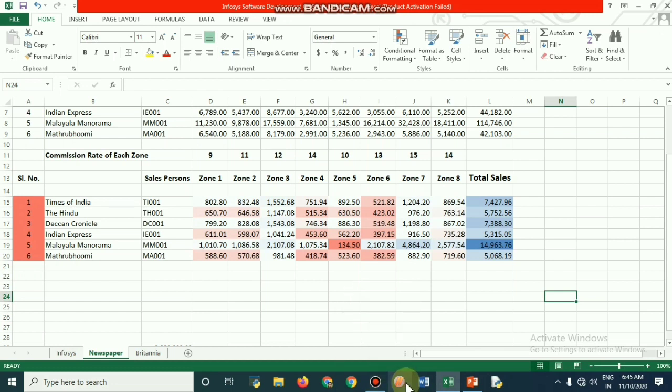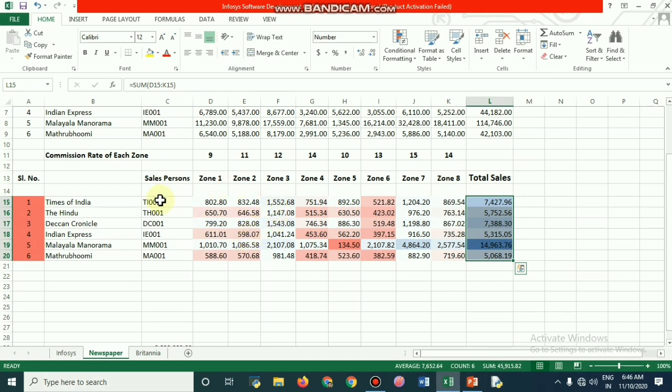So these are the ways in which you could make formats as well as formulas, functions, pivot tables, charts, and you could make charts out of it.